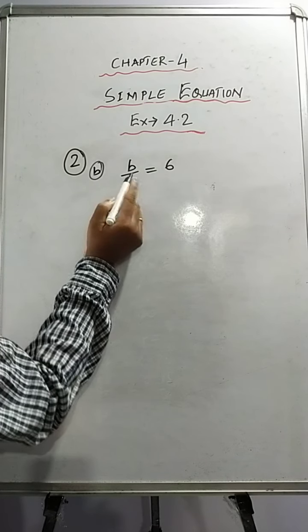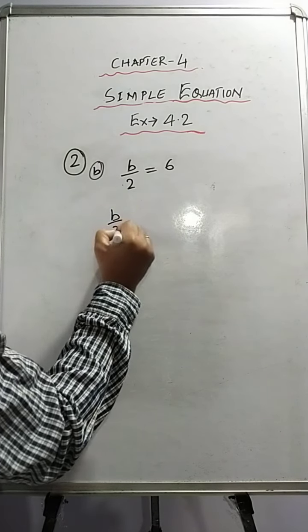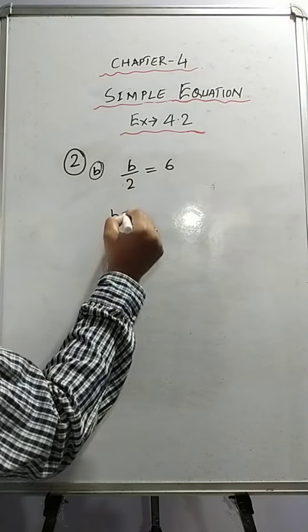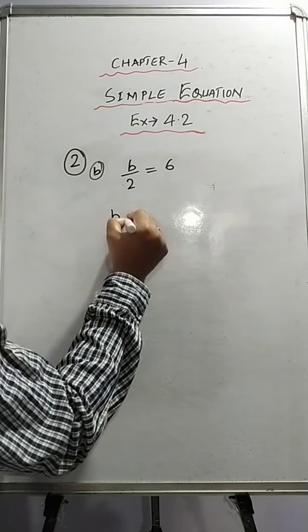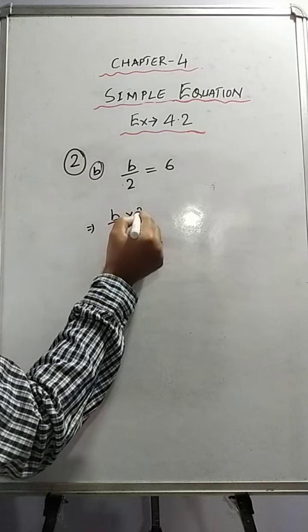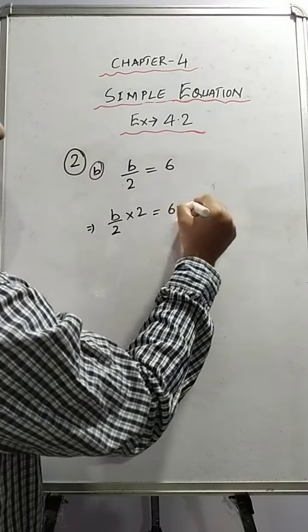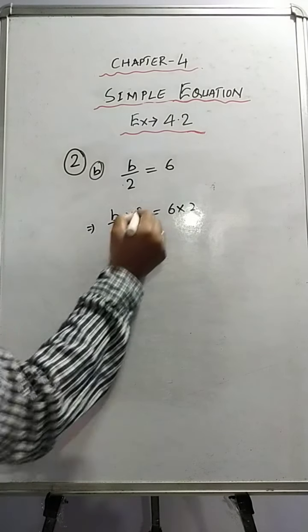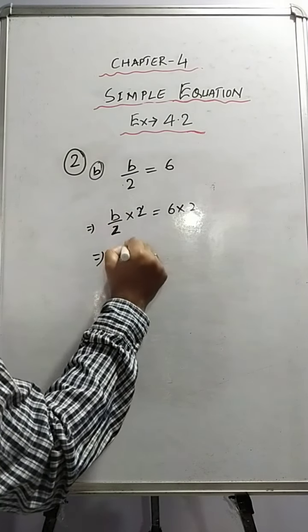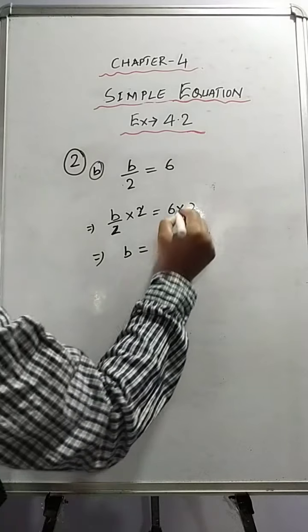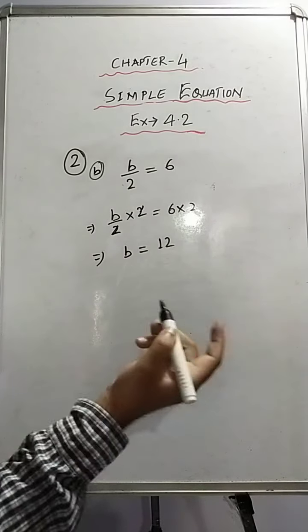So any digit which is in the division form with the variable and you have to remove it, for that what you have to do? You have to multiply the same number with the whole term, and the same thing you have to do on the right hand side also. So now you remove this 2. Now B would be equal to 6 2s, which is very easy.